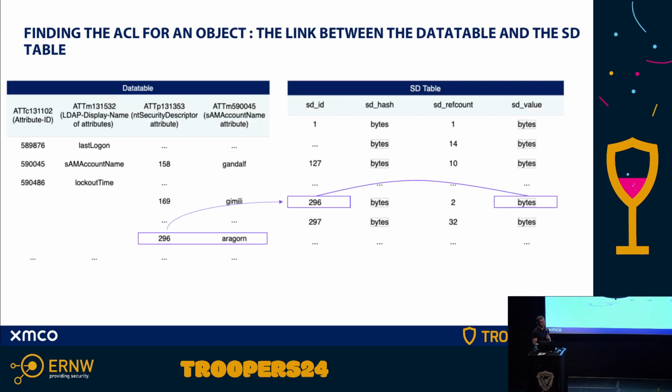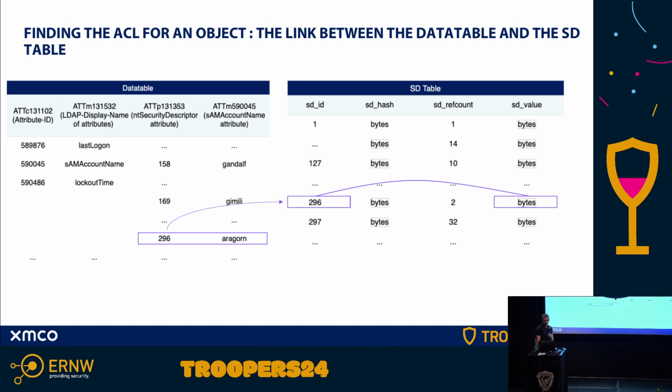So how do we find the ACL for an object in the NTDS? Let's take an example. First, we look at the data table, which contains information for every object in the Active Directory. Let's pick a specific object here, Aragon. We see that its ntSecurityDescriptor is 296.